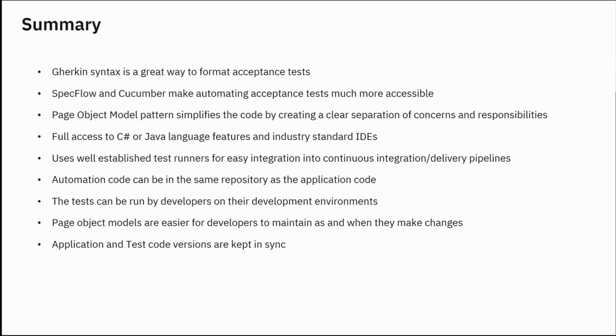And application and test code versions are kept in sync. This can be incredibly useful. Say you have features A and B going, and they've both got changes to the front end. So there's test code changes, the page object models have changed. They get into a release candidate, they get into testing, and a regression test has failed on one of them.